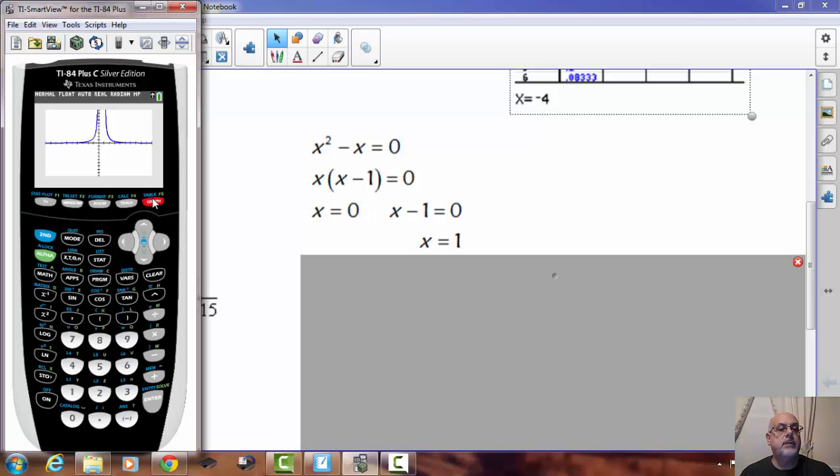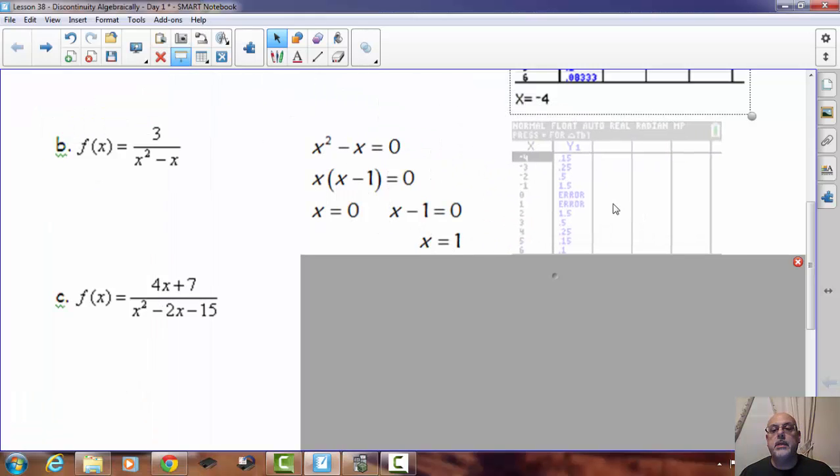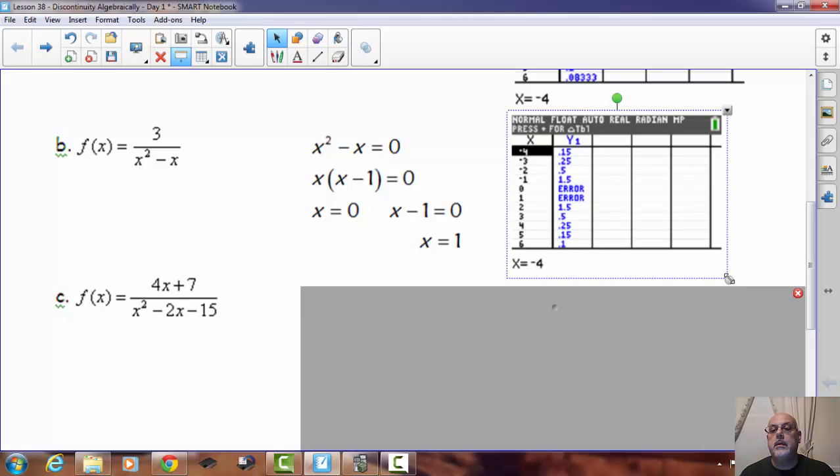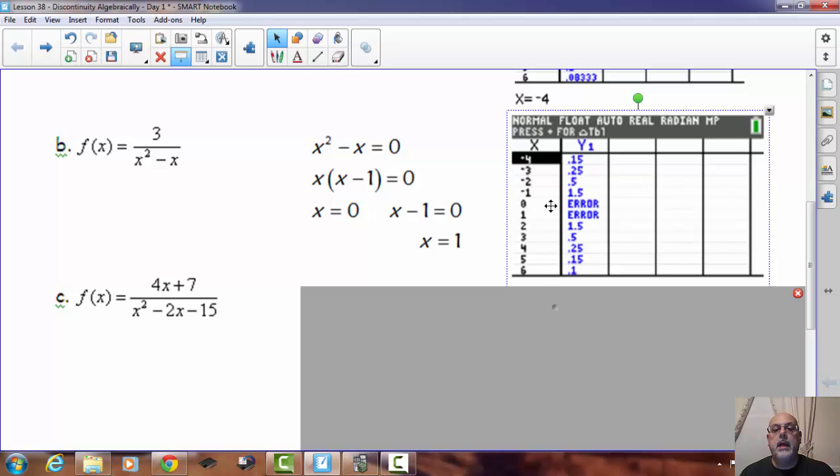Let's take a look at the table of values. And if we look at the table of values, let me bring that onto the smartboard screen so I can make it a little bit bigger. You can see it better. At x is 0 and x is 1, on the y, you see it's an error. That means it's undefined. We got that result algebraically. We now use the calculator, and you can get it right off the table of values with the calculator.